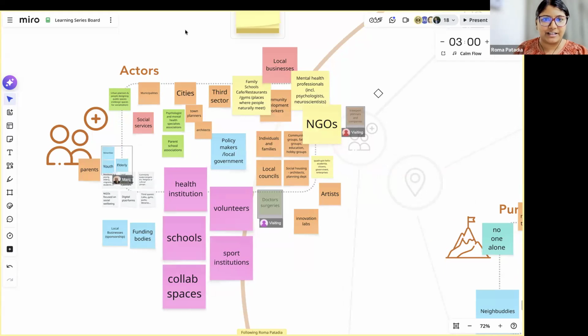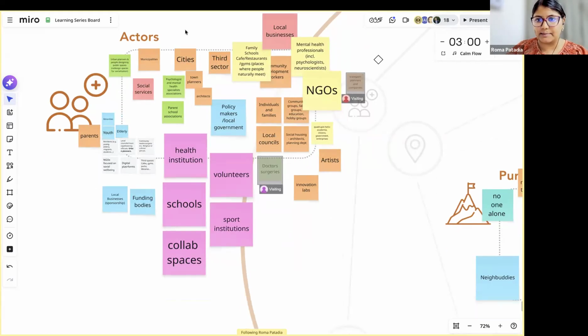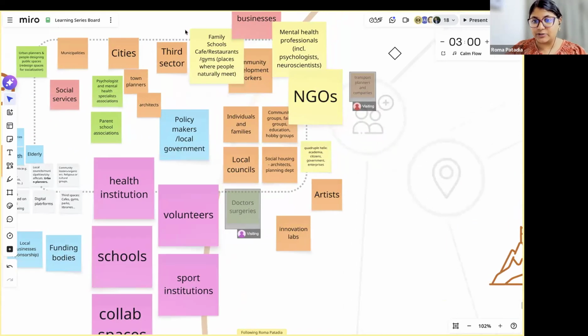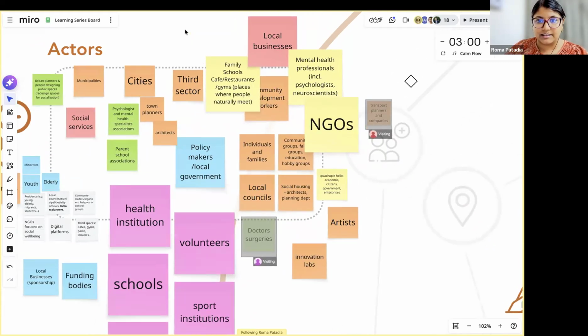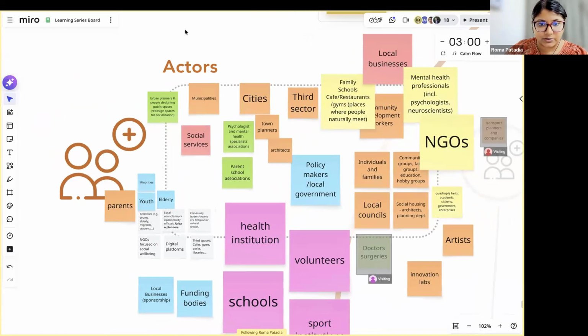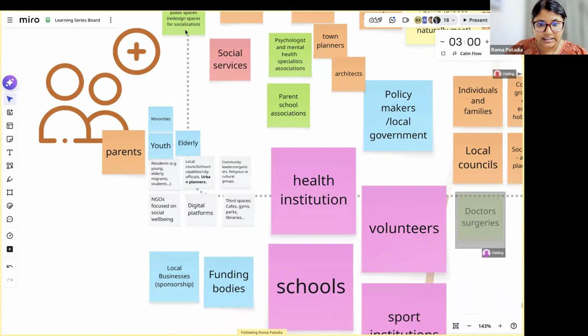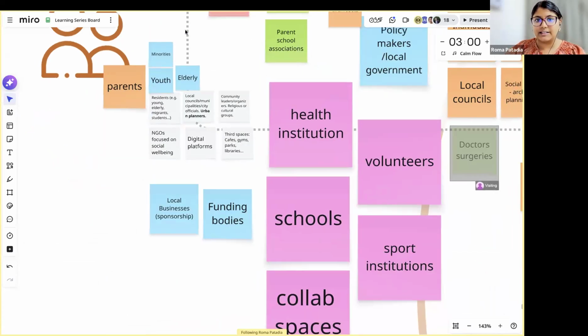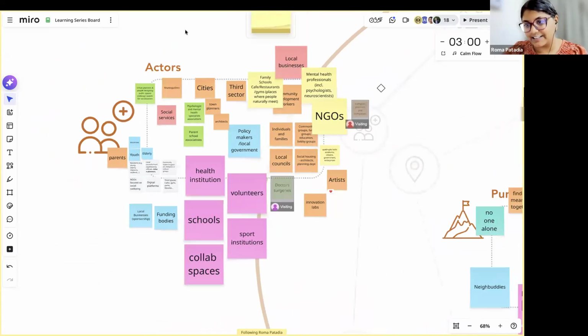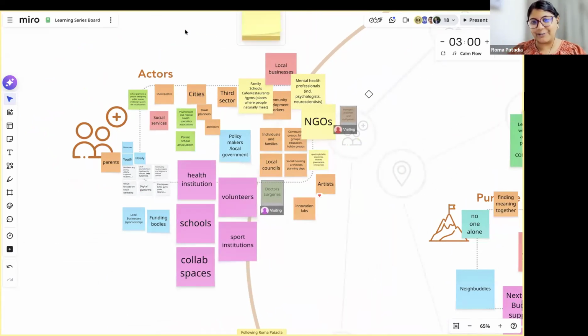We have social services, parent school associations, health institutions, school volunteers, sports institutions, co-working spaces, NGOs, artists, innovation labs, local councils, policymakers, local government, town planners, individuals and families, social housing, architects and planning departments, youth, elderly, minorities, local businesses, funding bodies.